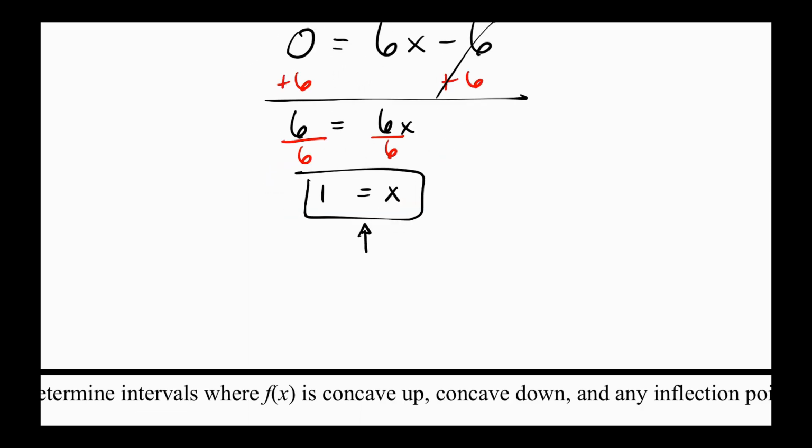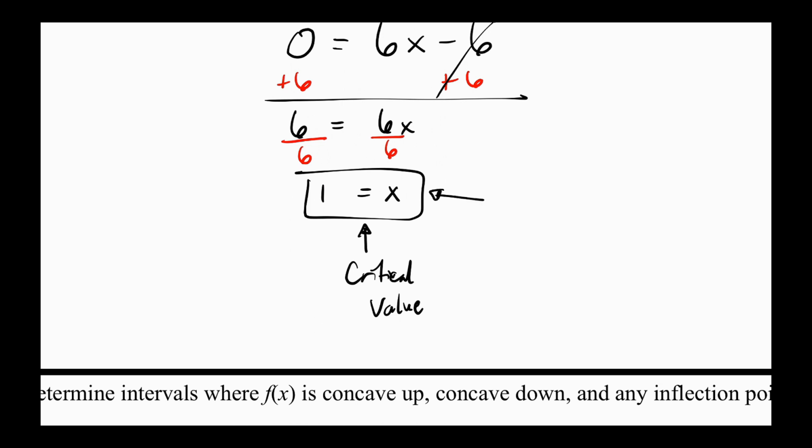That's my critical value, which is also going to be my inflection point. I know when x equals 1, there's going to be an inflection point there. It's going to change from one to the other. I have no idea if it's going to change from concave up to down or down to up, but I know it's going to change there.